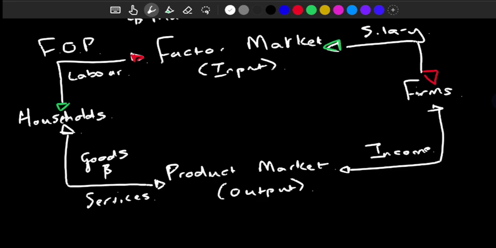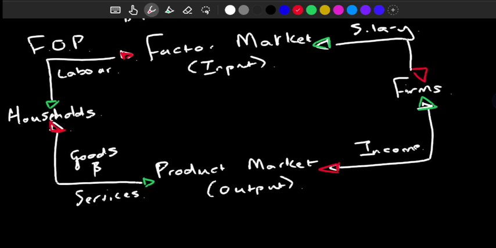So I, as the laborer, as the factor of production, when I go to the product market, I am going there to buy goods and services, and I spend my money. I'm spending money in the product market that firms would receive as income. In return for that income, the firm would then provide me with goods and services.